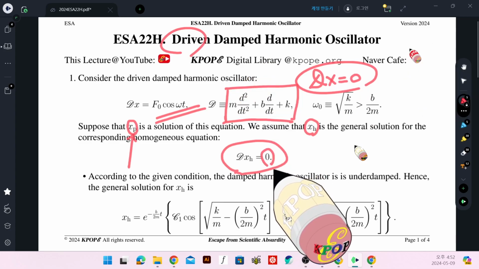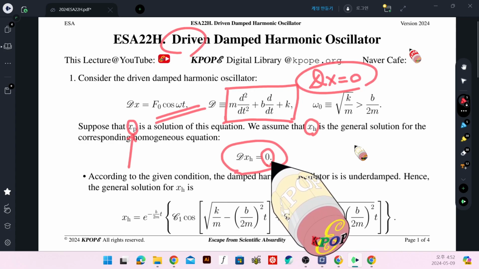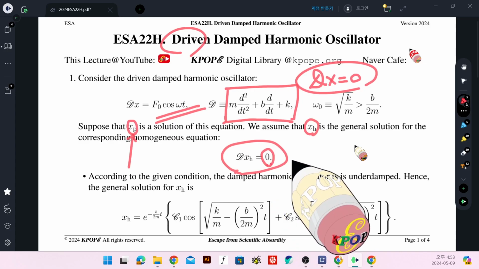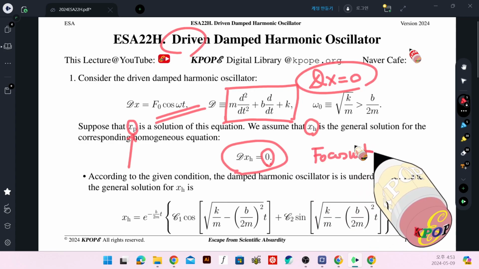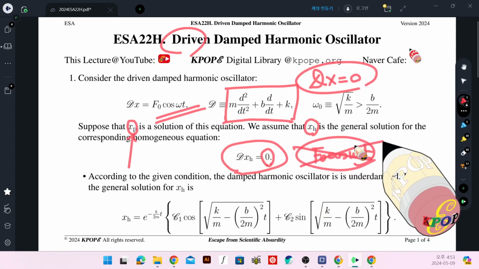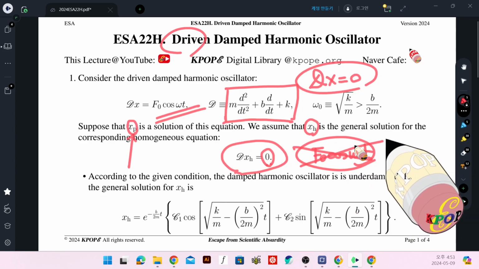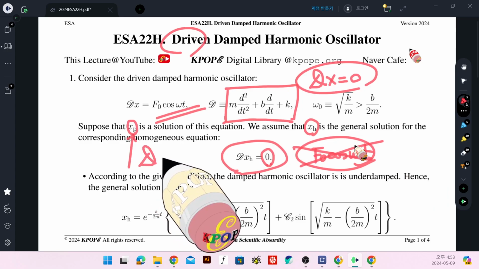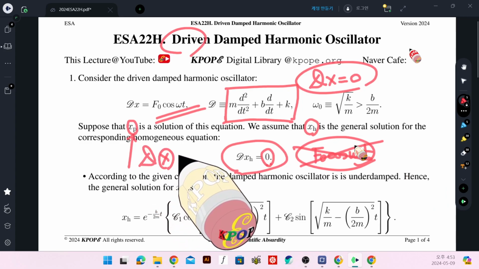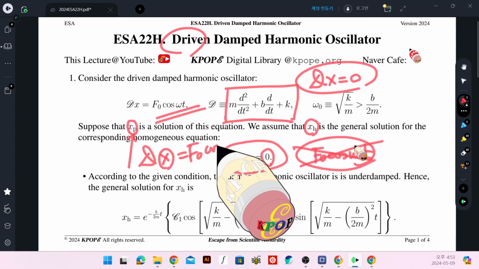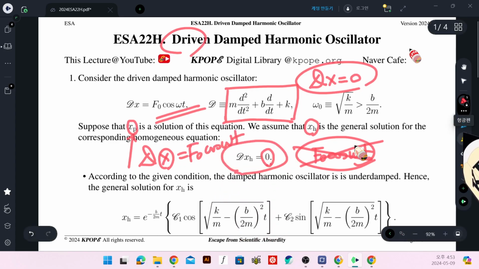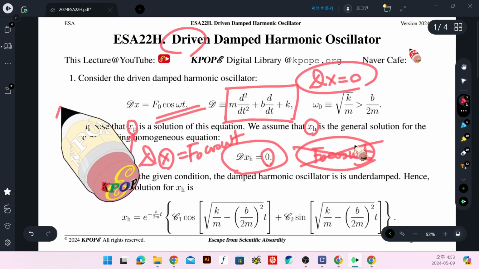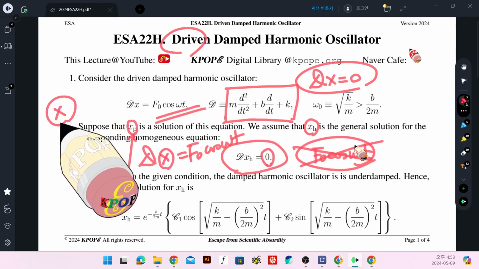We call this a homogeneous equation. So this driving force, F0 cosine omega t, is absent. And what we want to find is x satisfying this equation. I'd like to know how to express this general solution x for the driven damped harmonic oscillator.